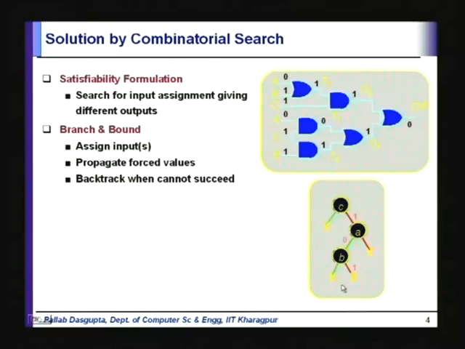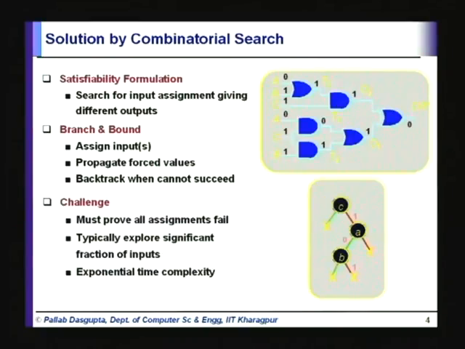So we have exhausted all paths in our search, and therefore we conclude that these two functions are identical, right. But as you can see, the number of such paths can be very large, so if we do it by this kind of combinatorial search, then for large circuits we are not going to get anywhere, right.